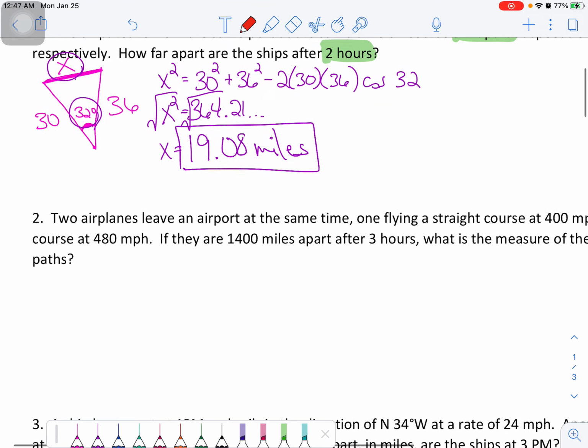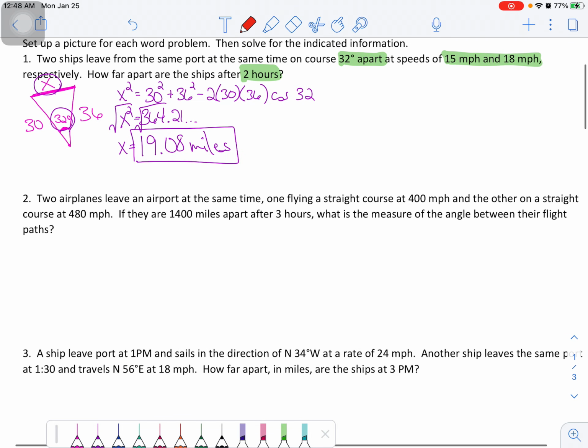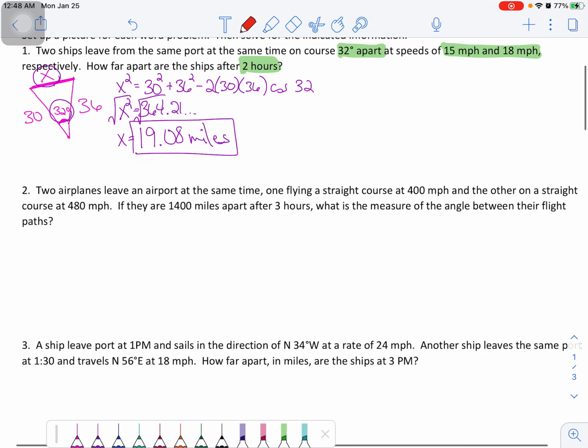All right. So let's slide on down to problem number 2 here. 2 airplanes leave an airport at the same time. One flying a straight course at 400 miles per hour. The other on a straight course at 480 miles per hour.